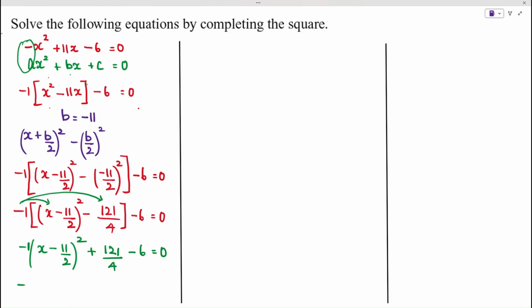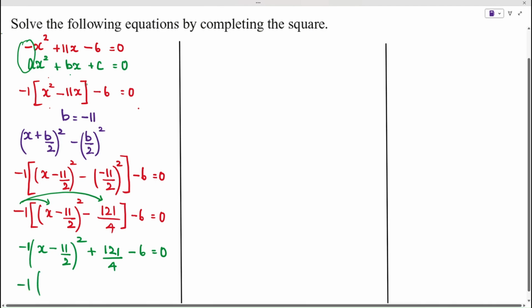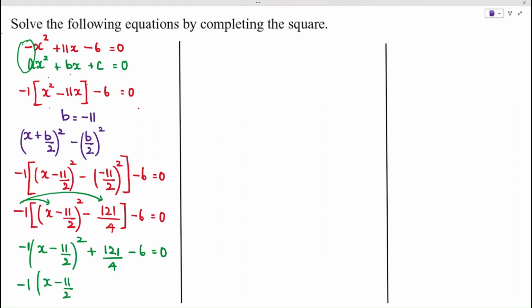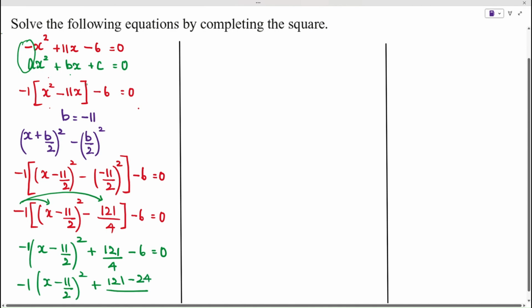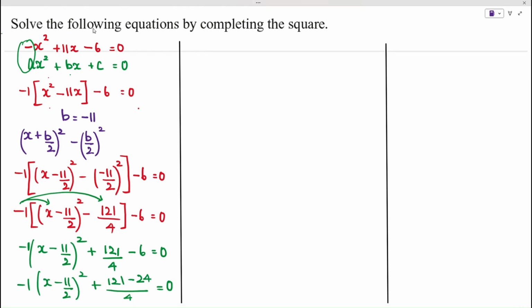And so we can bring our 6 into our fraction. So we get minus 1 times x minus 11 over 2 the whole squared plus 121 minus 24 over 4, which is equal to 0. And now we can simplify our fraction here.